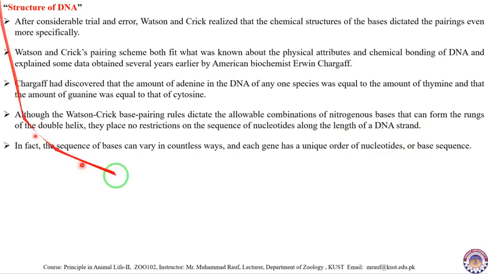Means although the pairing in the inner region will be complementary, adenine always bonds with thymine, cytosine always bonds with guanine, the sequence of nucleotides along the length did not have any restriction. It could be of any length and any arrangement, the nucleotide sequence.